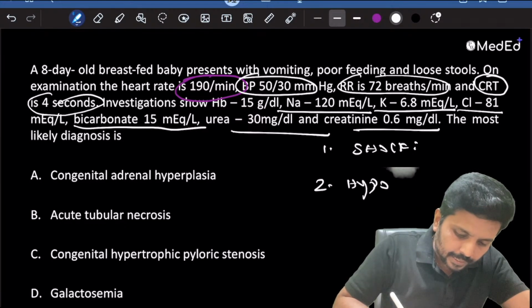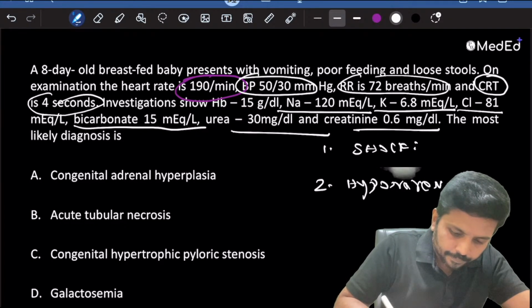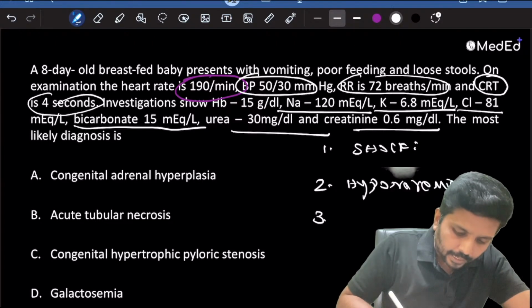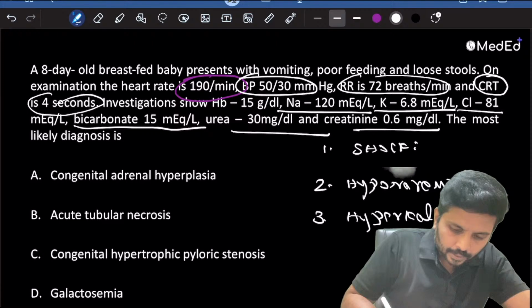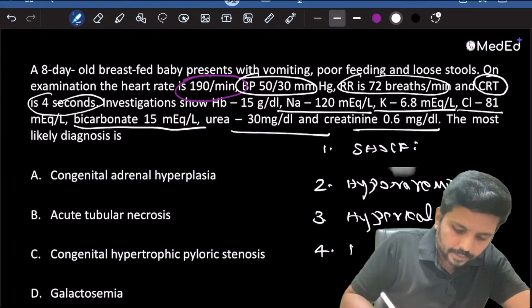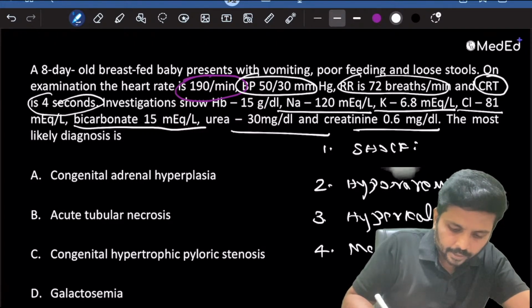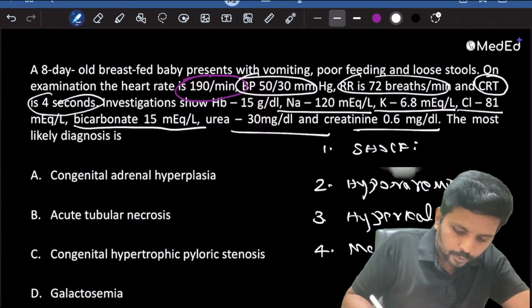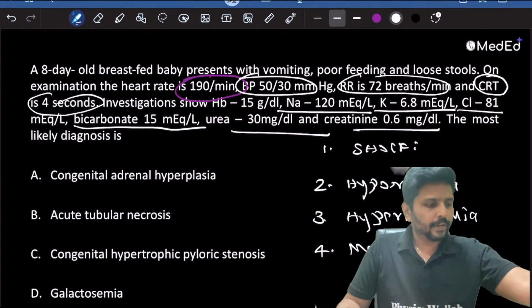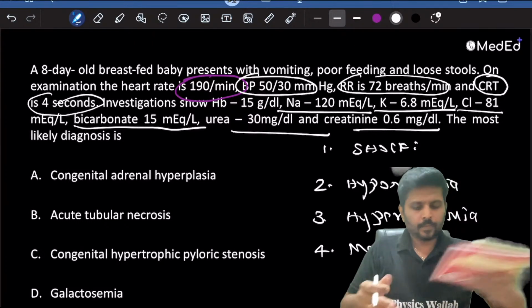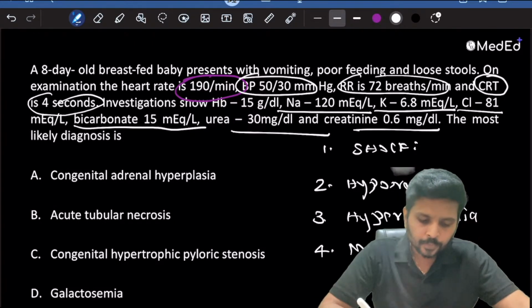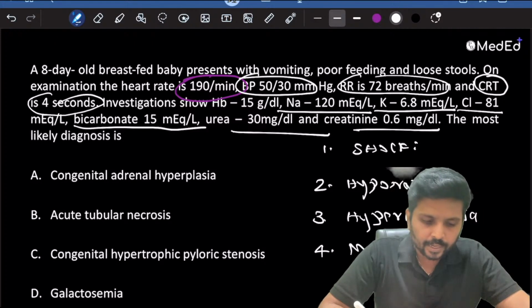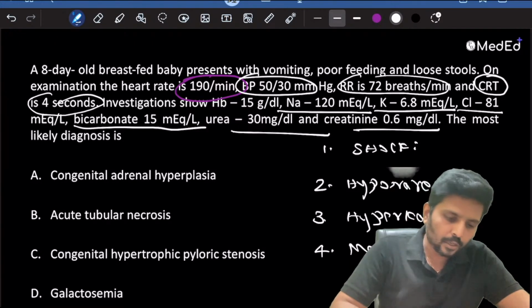The child has hyperkalemia, and bicarbonate is less. The child is having metabolic acidosis. In which condition you will get this one?